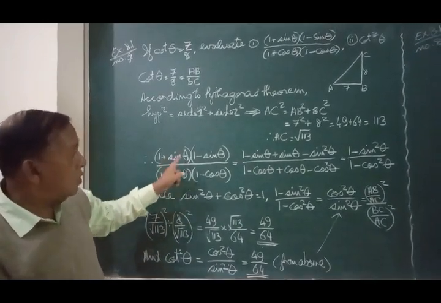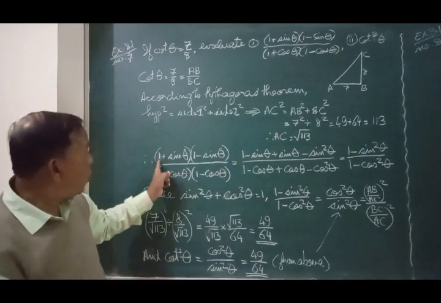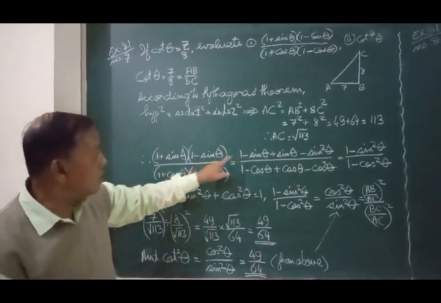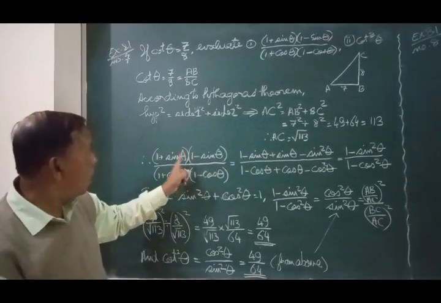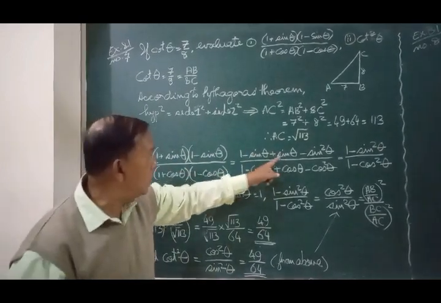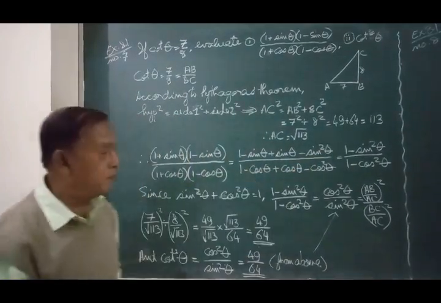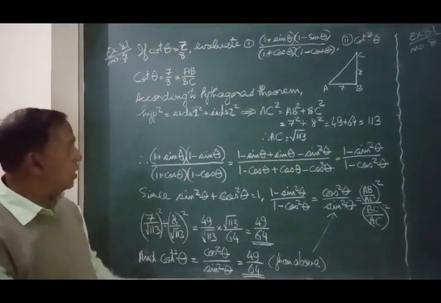1 into 1 is equal to 1. 1 into minus sine theta, minus sine theta, plus sine theta into 1, plus sine theta into minus sine theta is equal to minus sine squared theta. Two brackets being multiplied.